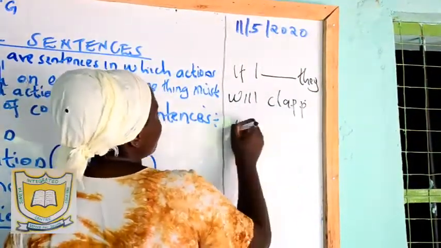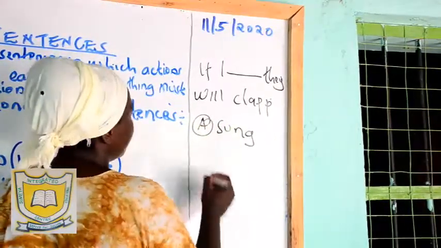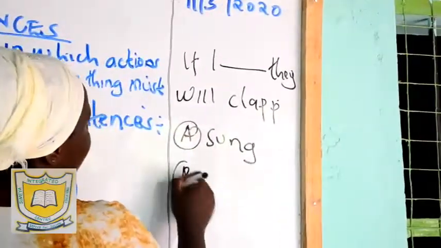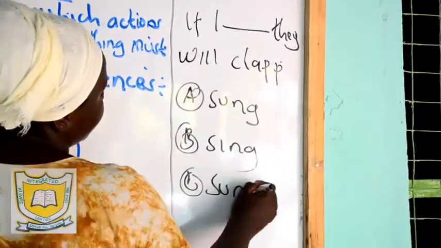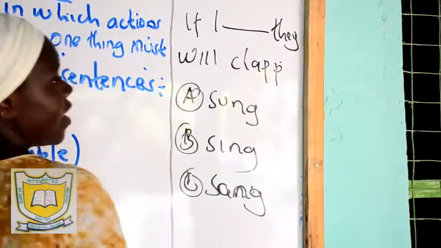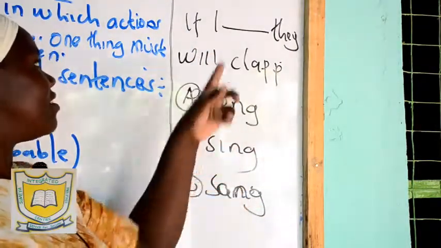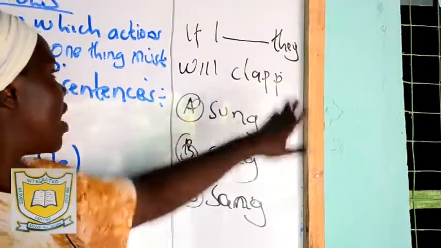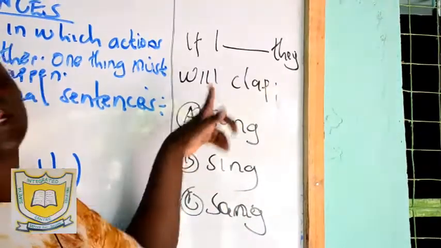Now, if you come to the answers, they give you options, A, B, C. Most pupils will go for if I sang, they will clap. Most of you, I'm very sure. Most people are going to go for what? If I sang, they will clap.